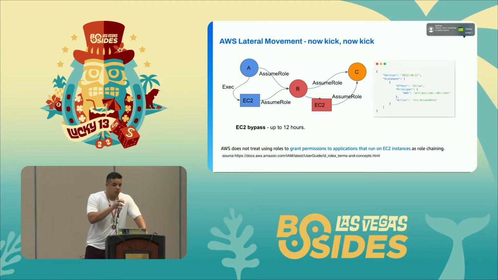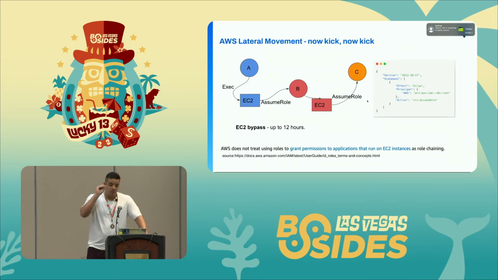So he would be able to give permission to his EC2 instance to assume a role on account B, and he jumps to account B as an entity assumed by account A. But he also could create a new instance on account B, and then jump to account B, and then assume a role on account C. It would be something like this.